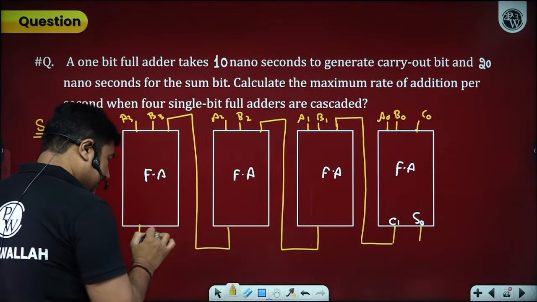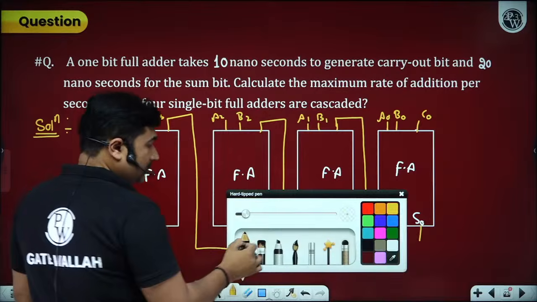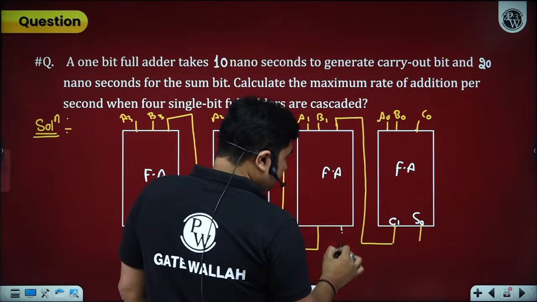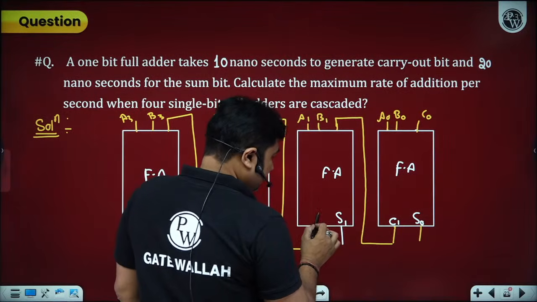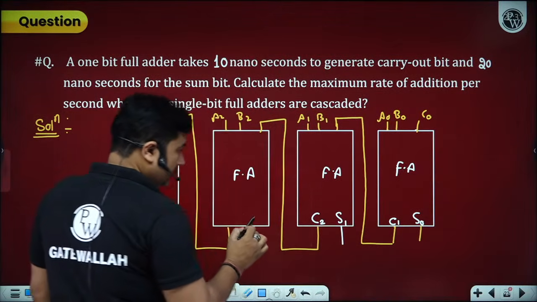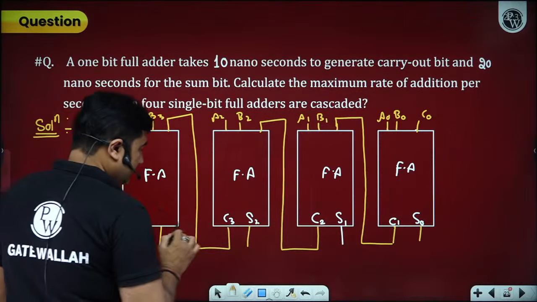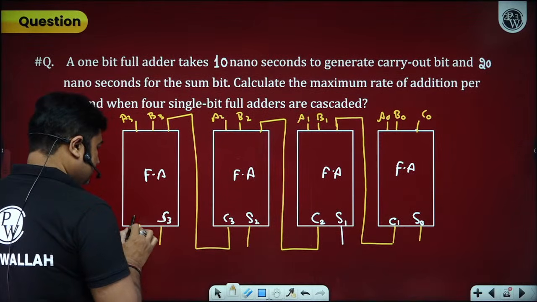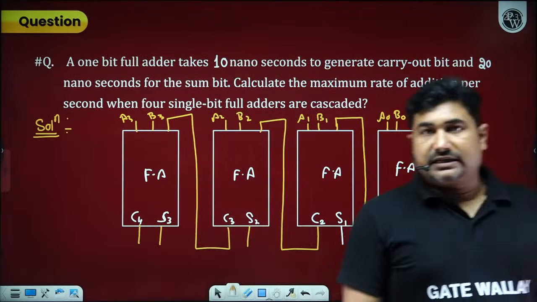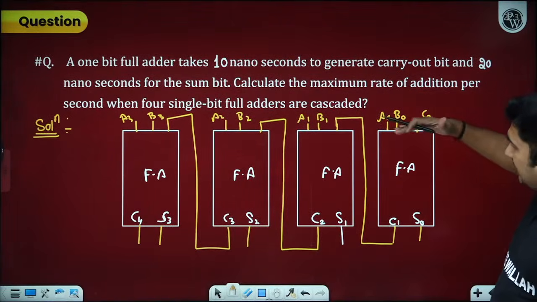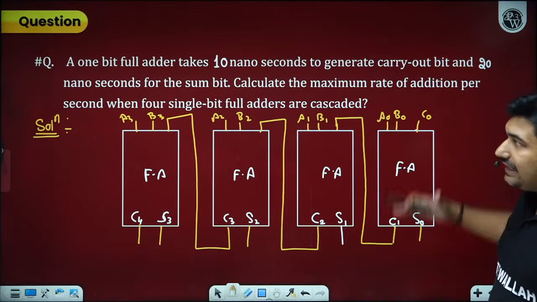Can you please try to answer what is the rate of addition? S0, C1, S1, C2, S2, C3, S3, C4. Now please observe once again. I just tried to show you here how much time it would take to generate the carry bit.